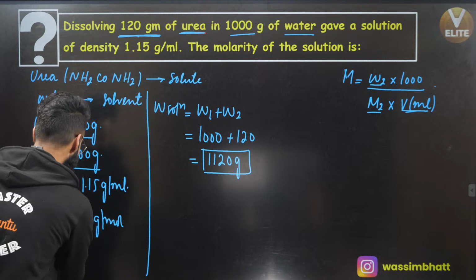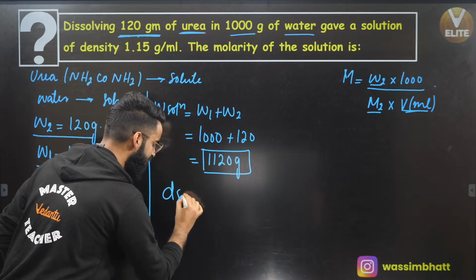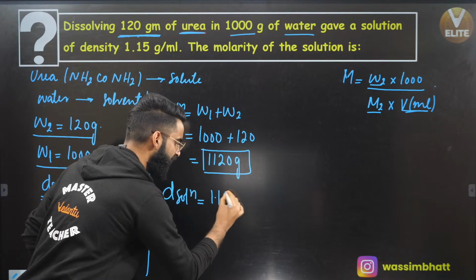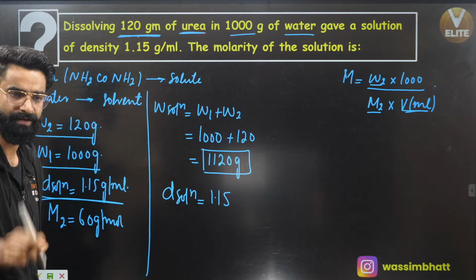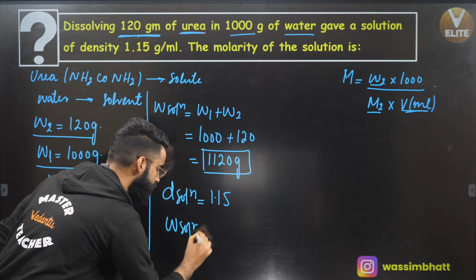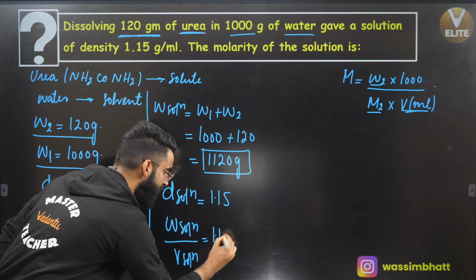Is the density of solution given to me? Yes, it's given as 1.15 grams per ml. Instead of density of solution, I can write mass of solution divided by volume of solution equal to 1.15.